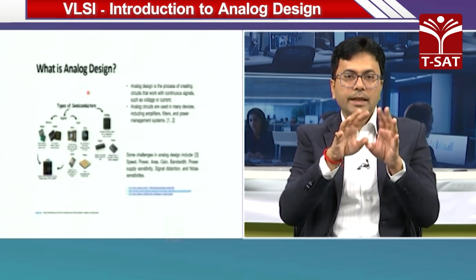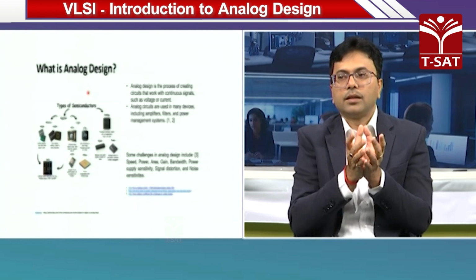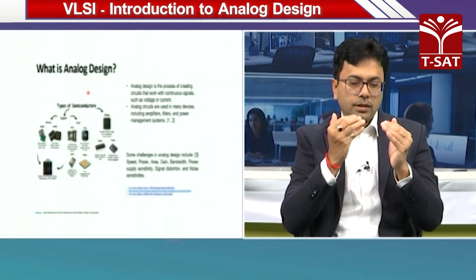Anything continuous, anything real time that you see around you, everything is analog, and that analog signal or analog quantity is coming into an interface, and that interface is actually the analog design. Now you take that signal and put it into the electronics.